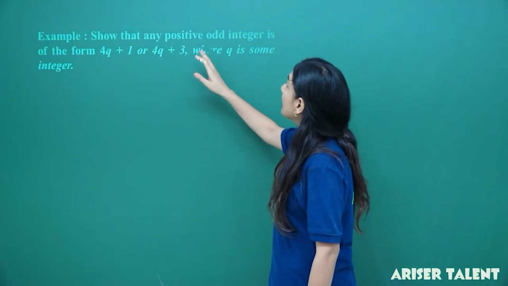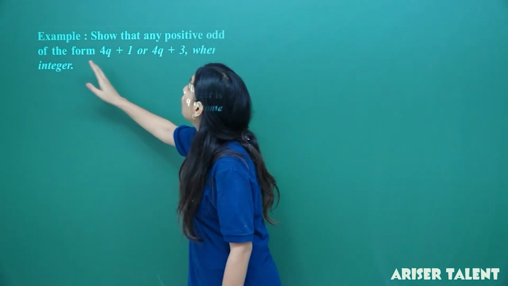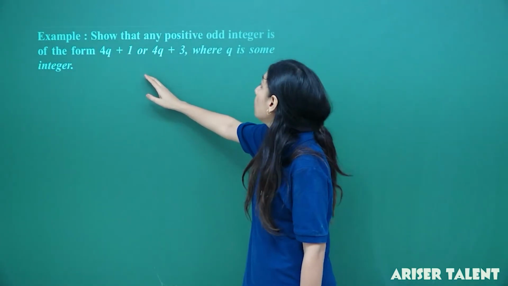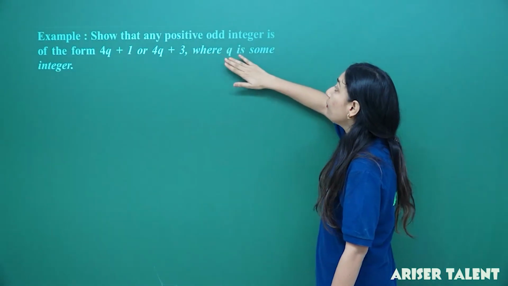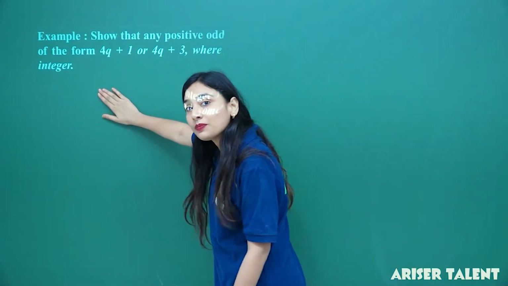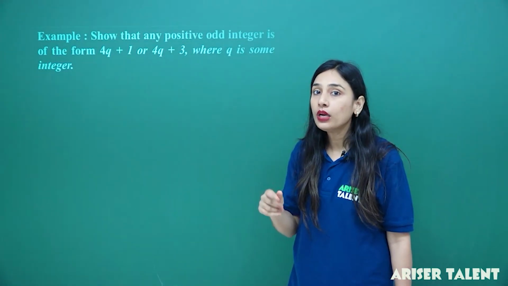Show that any positive odd integer is of the form 4q plus 1 or 4q plus 3, where q is some integer. So, remember what I have told you?